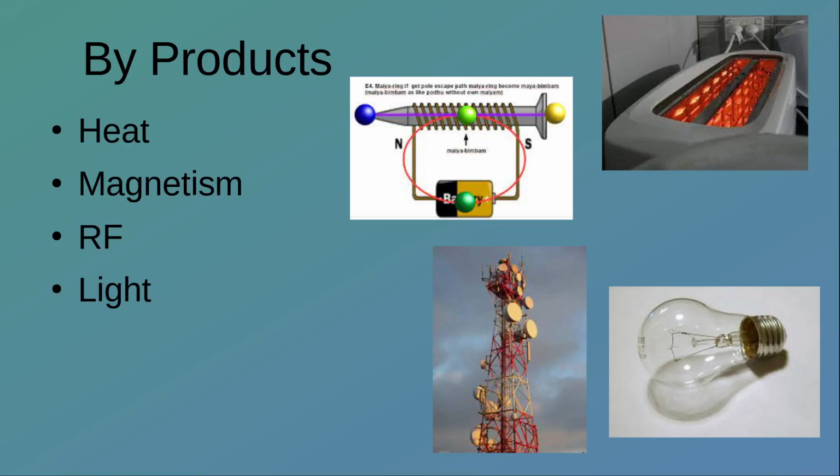And then there's radio frequencies. So you can think of radio being able to send out radio waves. And ironically, when I was thinking about this, I included the light bulb for radio frequencies. And the reason for that is our good old fashioned light bulb like that. What it's actually doing is the electricity is traveling back and forth at either 50 or 60 hertz, depending on where you live in the world.